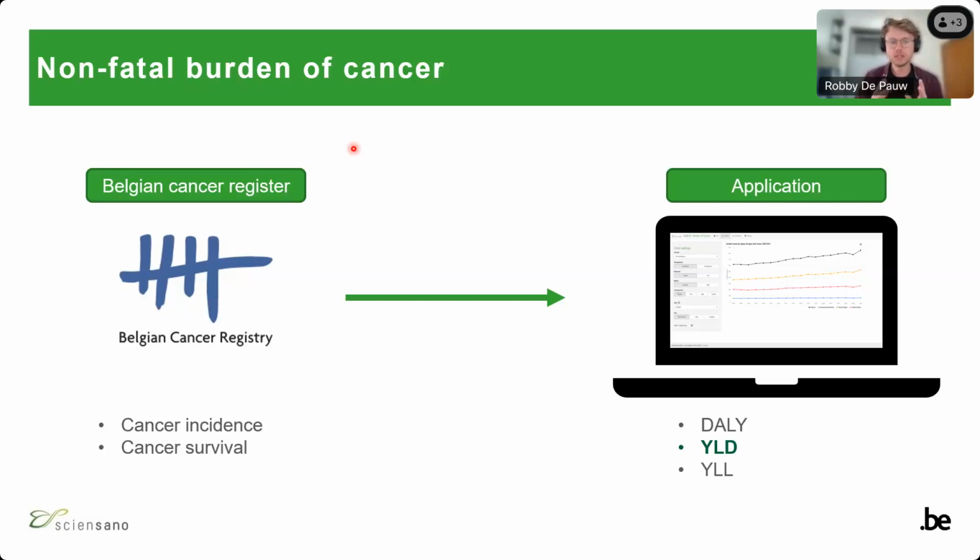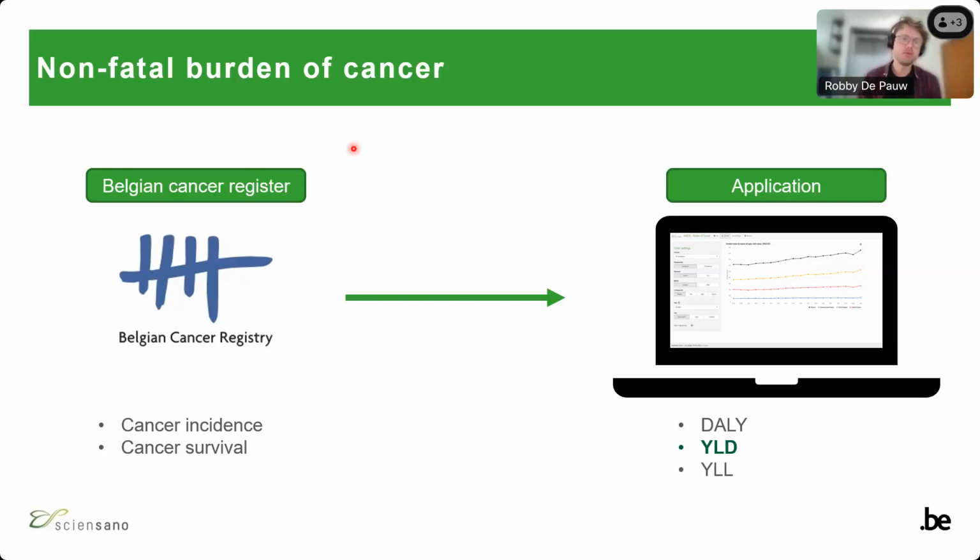The information that is present in the Belgian Cancer Registry for cancer survival is, of course, the result of a linkage that has been done between the cause of death register at Statbel and the Belgian Cancer Registry, where they can see which patients have died or which patients have survived.